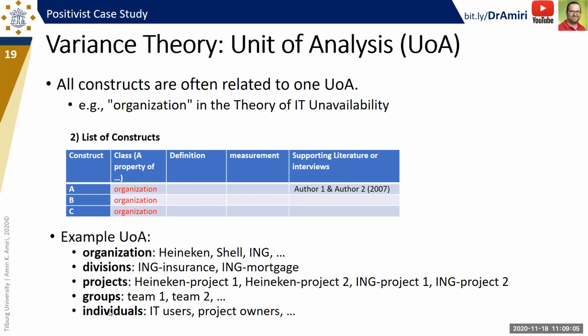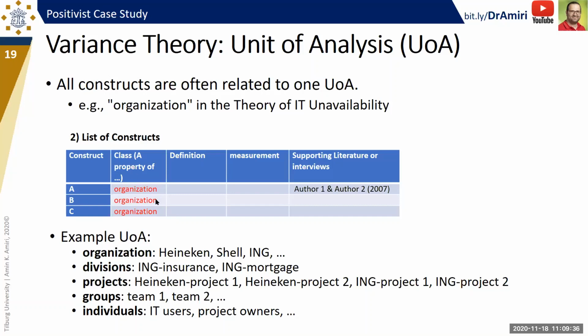You can have an individual level use of a technology and organizational level use of a technology. We call them multi-level theory, but measuring those kinds of theories is too difficult for you. You only have 4 months. So when you create constructs, keep in mind that you want all the constructs to be about the same unit of analysis, the same class.